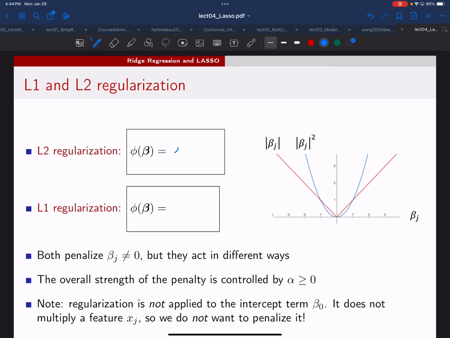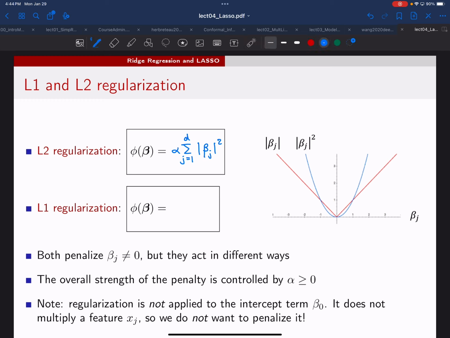So we're going to have some coefficient alpha, which we will have to choose, and a summation over j, the feature index, of beta j squared. So we're penalizing the sum of squared coefficients, adjusted by some alpha that adjusts the overall strength of that penalty. That will be one option.